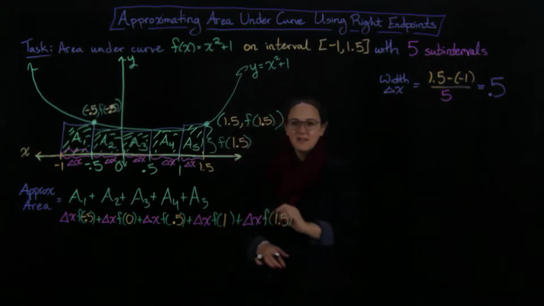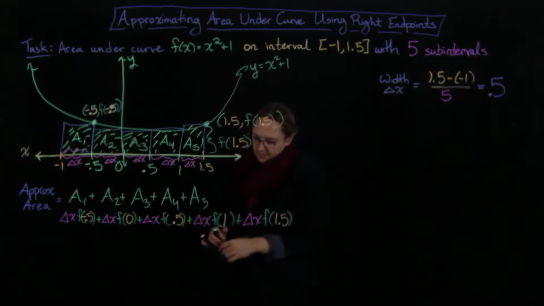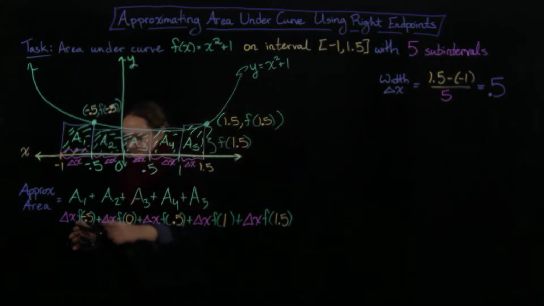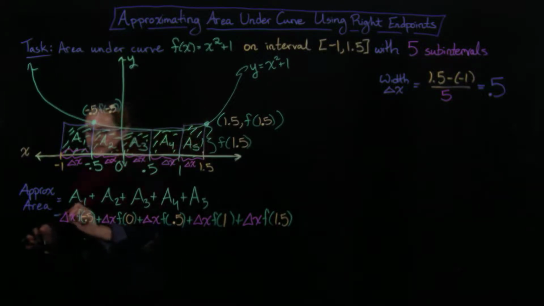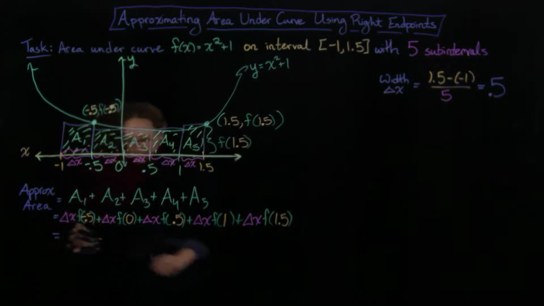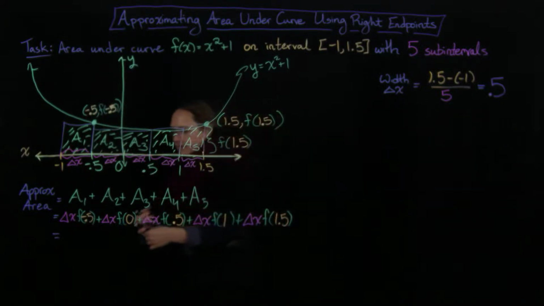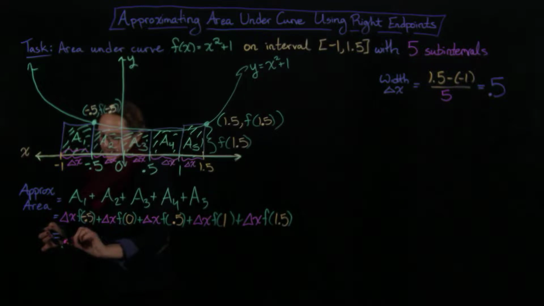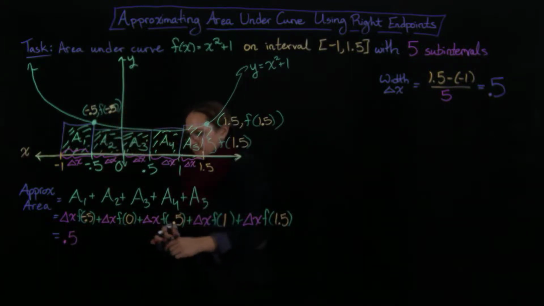Great. So then we just kind of compute whatever these f values are by sticking them into the function, right? And we likely pull out our delta x, because that's kind of a lot to have in each term, but we can use our distributive property nicely here. So we pull out our delta x, which we know is 0.5, so from over there. So we have 0.5, and then we're going to multiply it by each of these. So let's go ahead and do that.